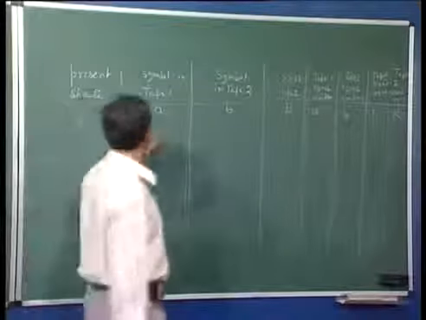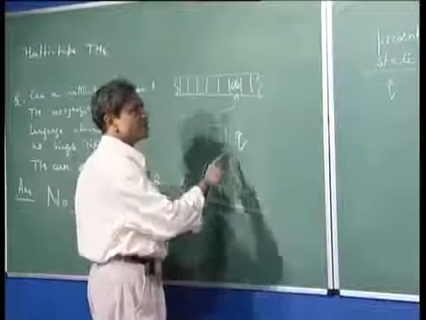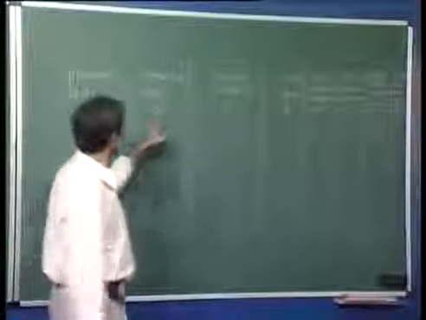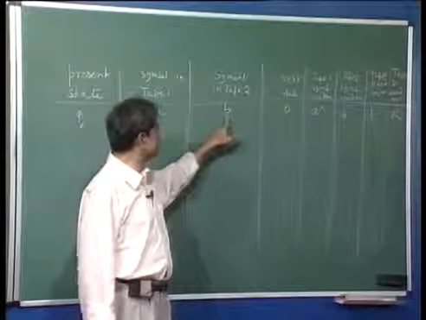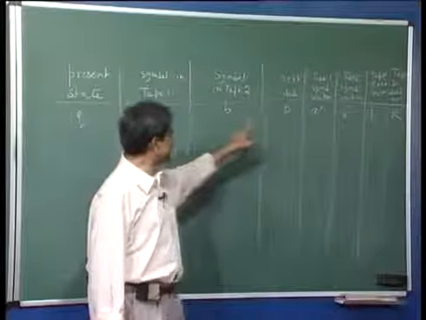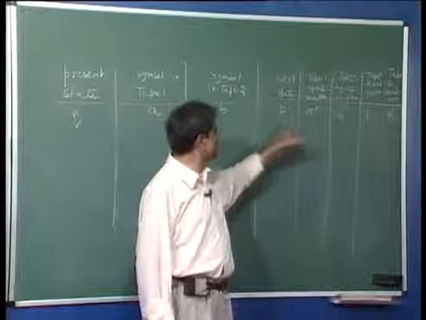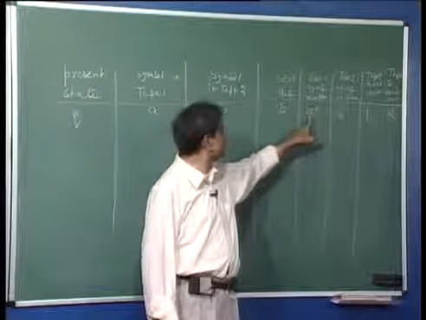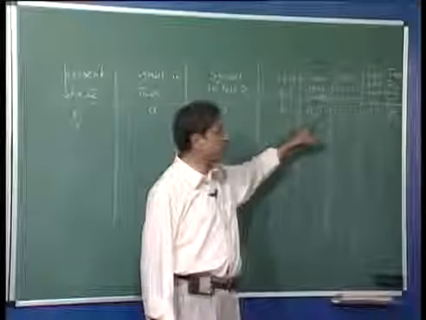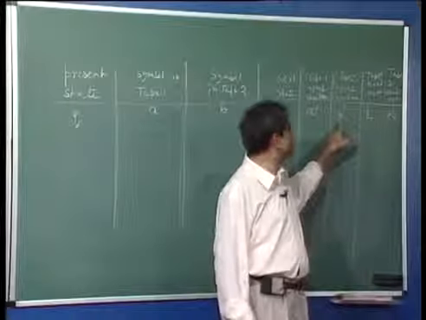In this example we said that the present state of the Turing machine is Q, and in tape 1 the symbol is A, tape 2 symbol is B. If such a situation occurs, then the next state, let us say, is P, and the symbol that is written on tape 1 is A prime and the symbol that is written on tape 2 is B prime.